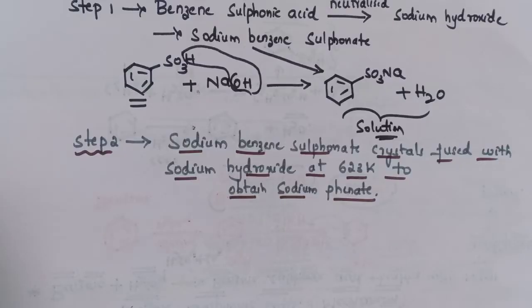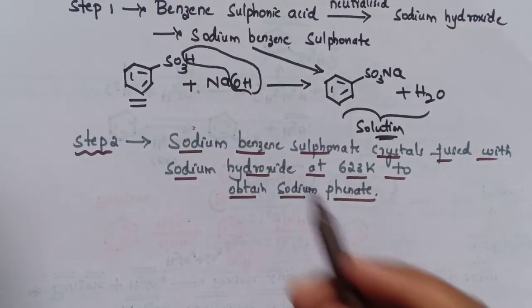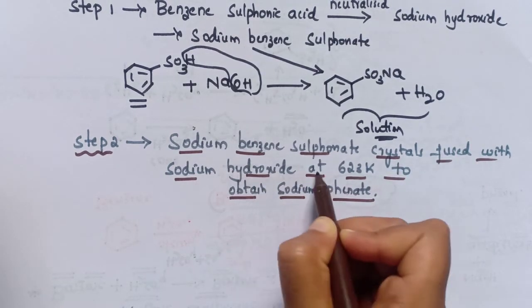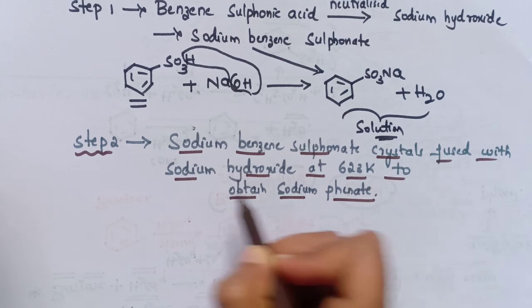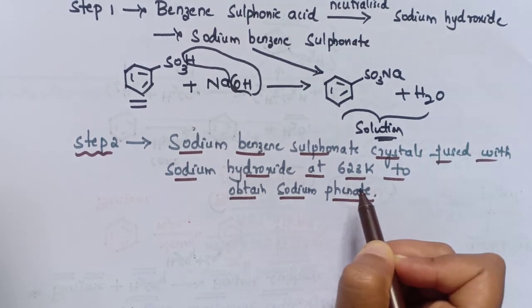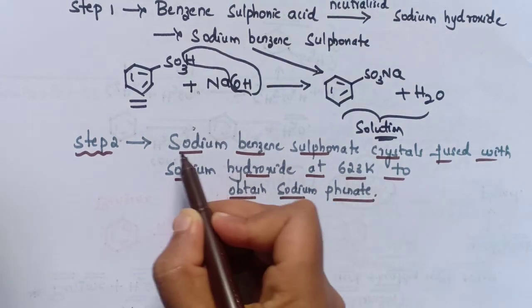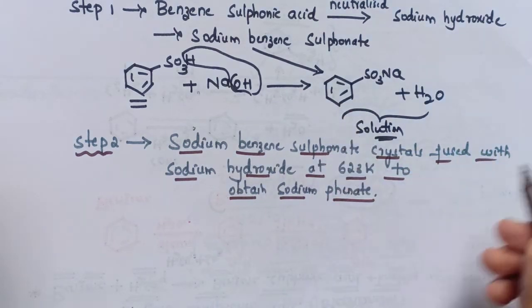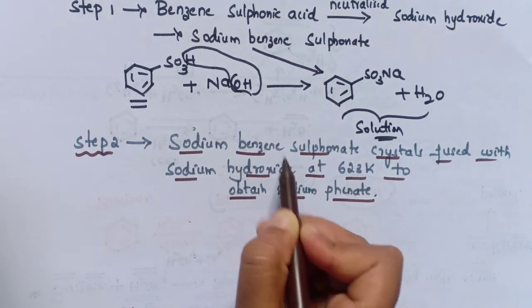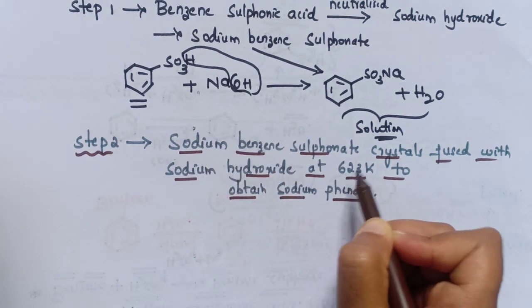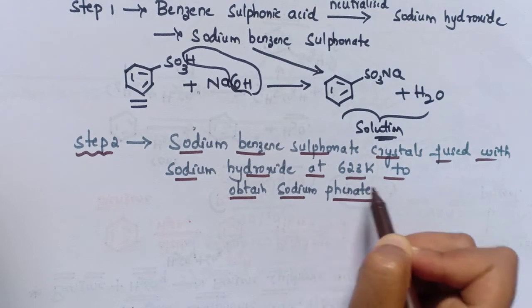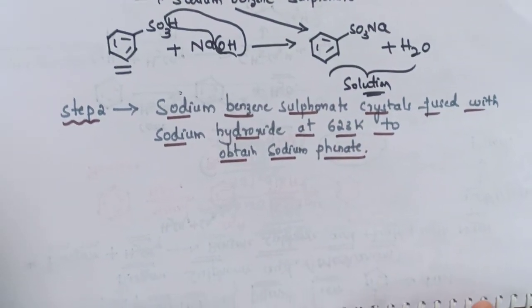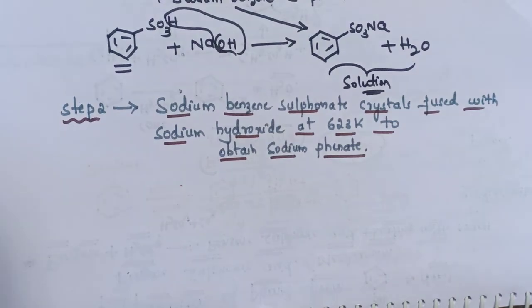Now coming to step 2. Sodium benzene sulfonate crystals are fused with sodium hydroxide at 623 Kelvin to obtain sodium phenate. Sodium benzene sulfonate crystals obtained from the above reaction are fused with sodium hydroxide at 623 Kelvin to obtain sodium phenate. So let's write this reaction here.